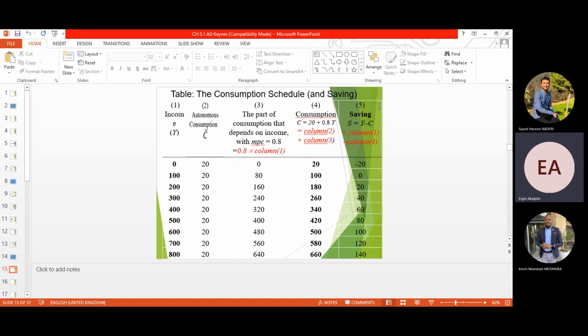And then saving here, as I said to you, is the percentage of this, which is supposed to be 20% or 0.20. And when you take 0.20 of this, it will give you minus 20 probably. And then from 100, it is again Y minus C. Here the propensity is not given.